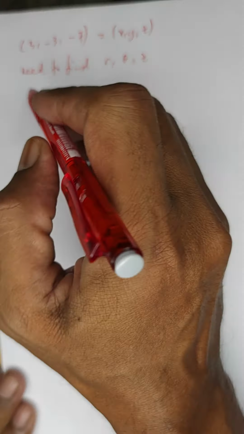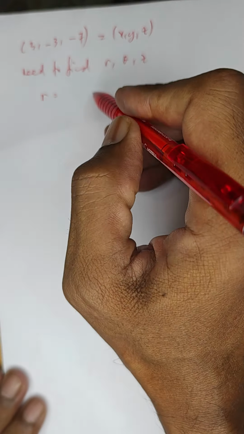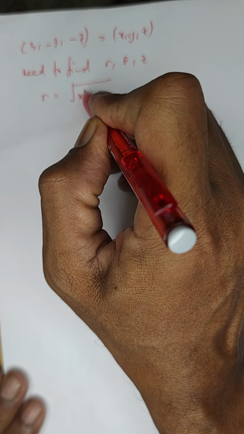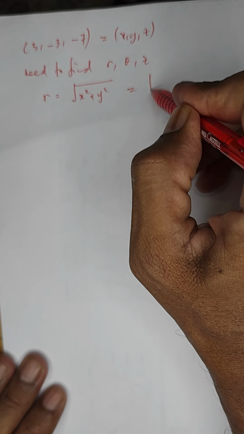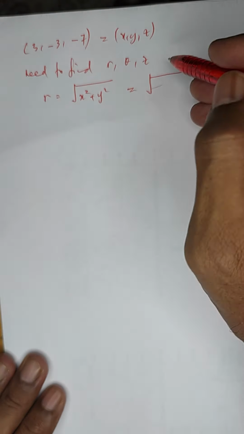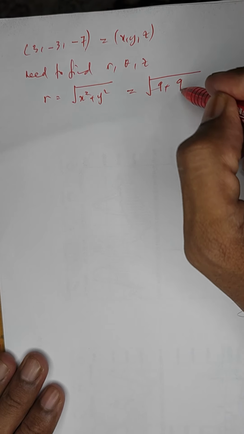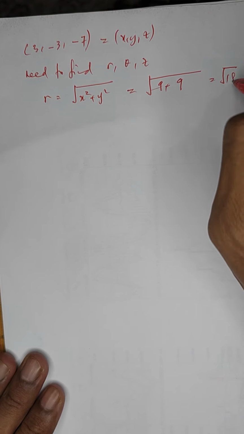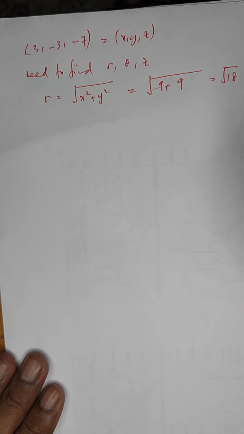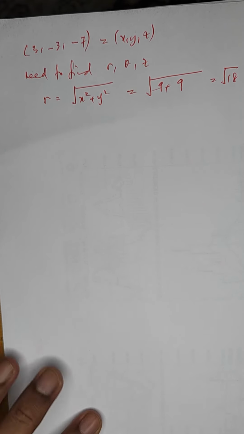So to find r, we have r is given as square root x squared plus y squared. So this is equal to x squared is 9 plus y squared is 9, that is 18. This is 3 square root 2.